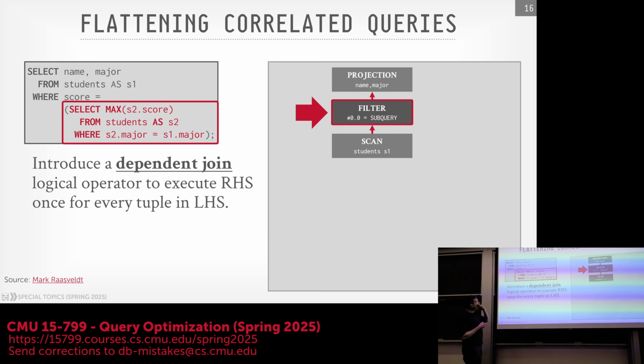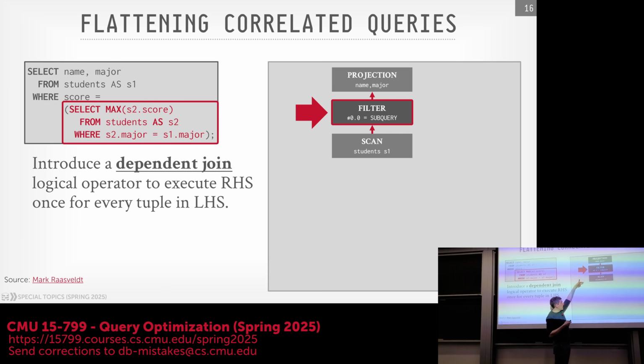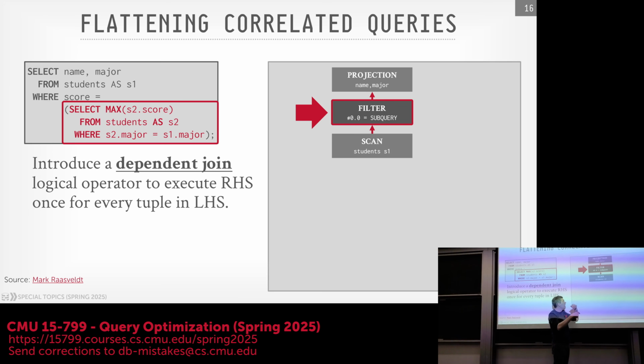Say we have this inner query here, and we're referencing something from the outer query. There's some filter operator that references the outer query. If we were executing this as a nested loop, invoking the inner query for every tuple in the outer query, then this query would work.